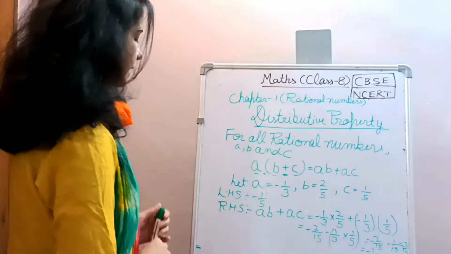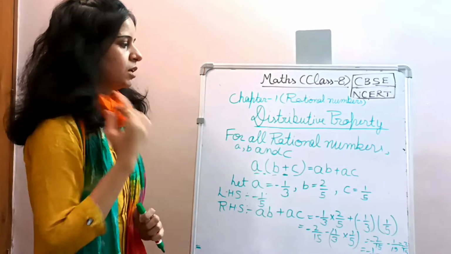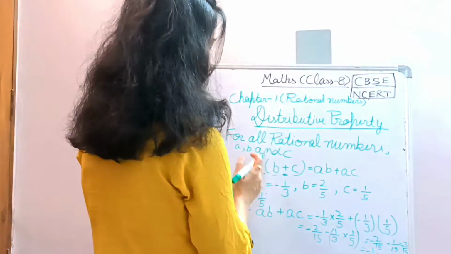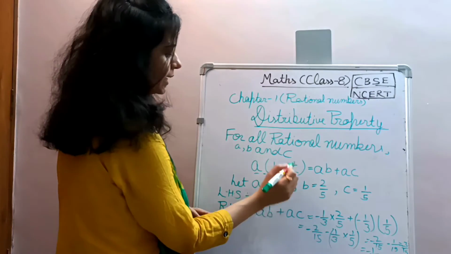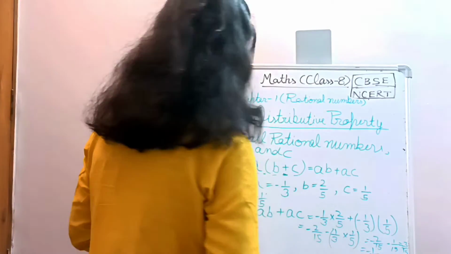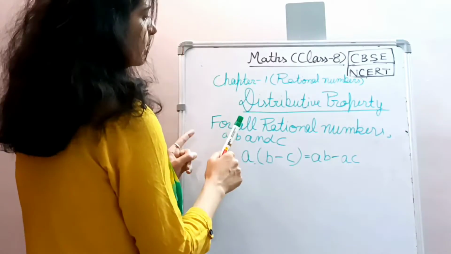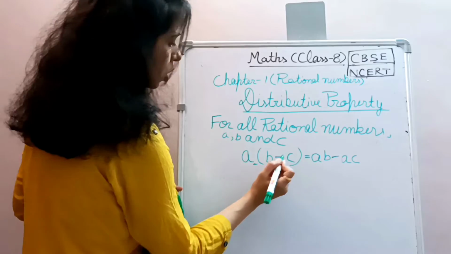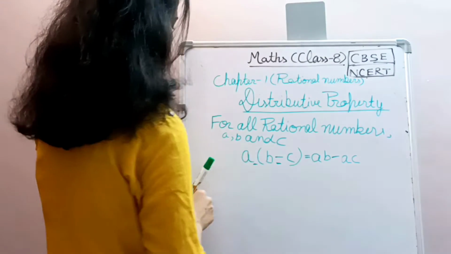Here we can see that left hand side is equal to right hand side. So we have verified that distributive property of multiplication over addition holds. In the same way, here is distributive property of multiplication over subtraction for rational numbers.